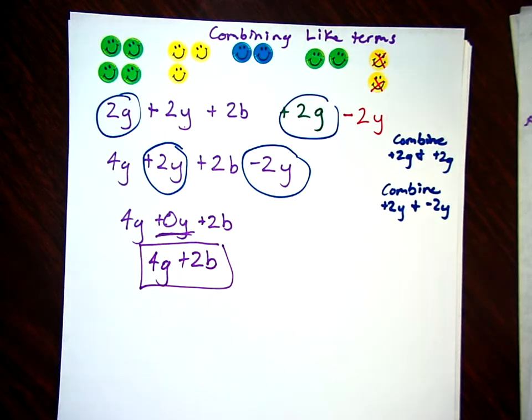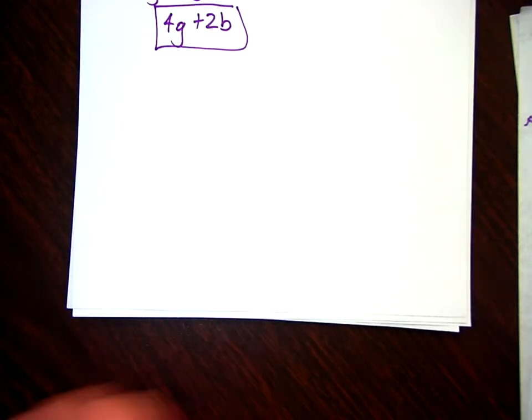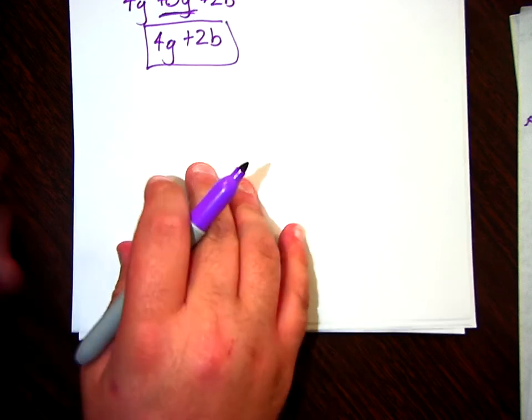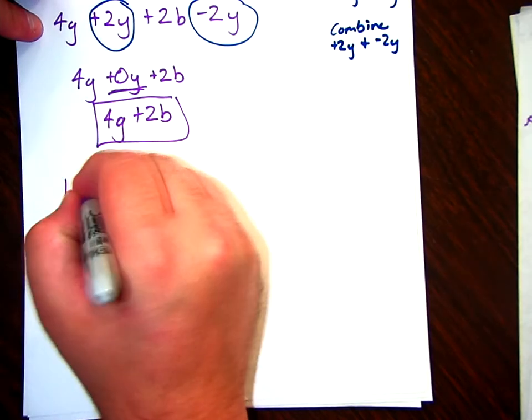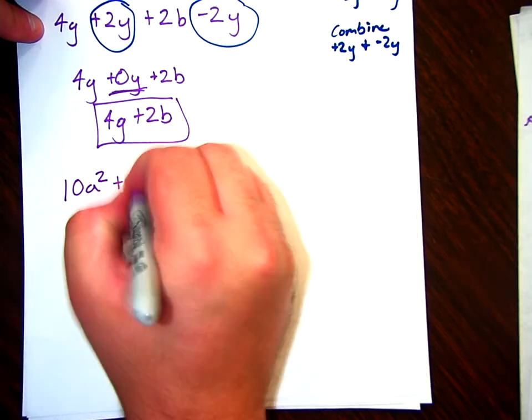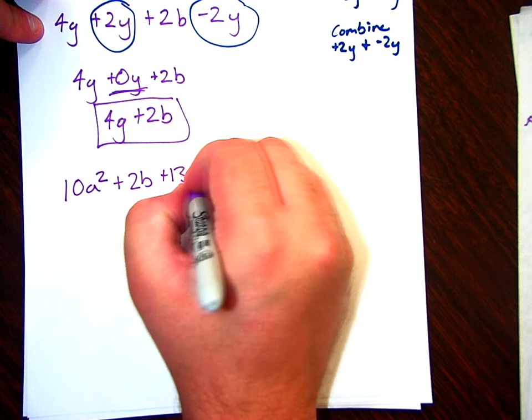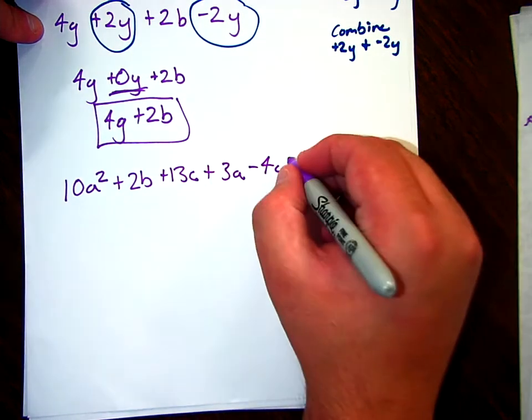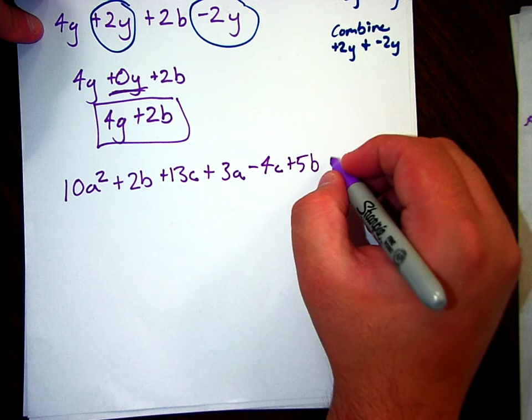So now let's try one with just numbers. Okay, let's try one with just numbers. So let's say we had an expression that was 10a squared plus 2b plus 13c plus 3a minus 4c plus 5b plus 8.